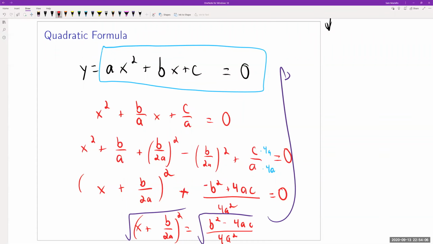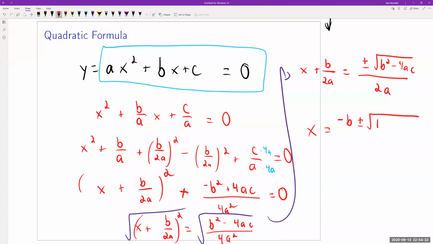This will leave me with x plus b over 2a is equal to plus or minus, because I took a square root, the square root of b squared minus 4ac over 2a. Finally, I'll subtract b over 2a from both sides, and I will get x is equal to negative b plus or minus the square root of b squared minus 4ac, all over 2a.